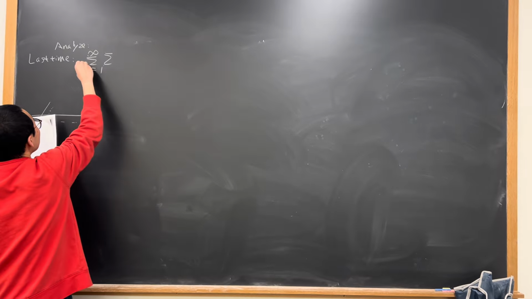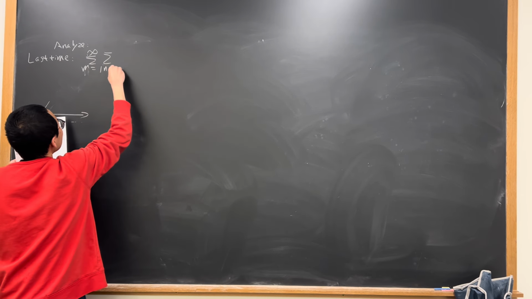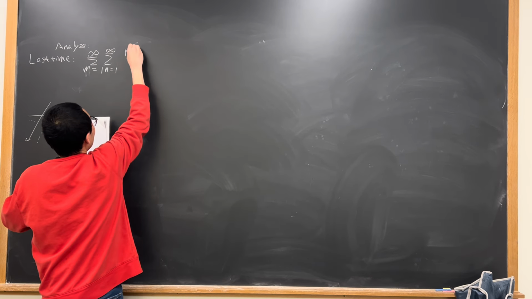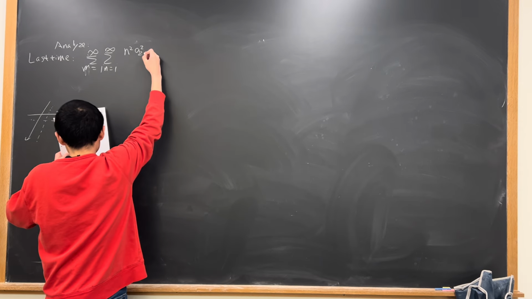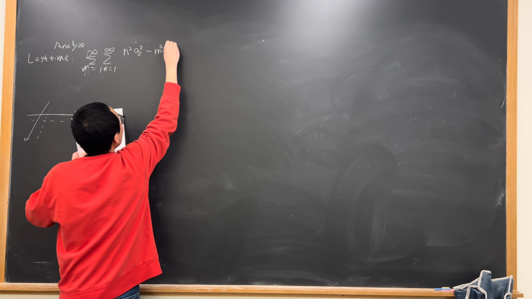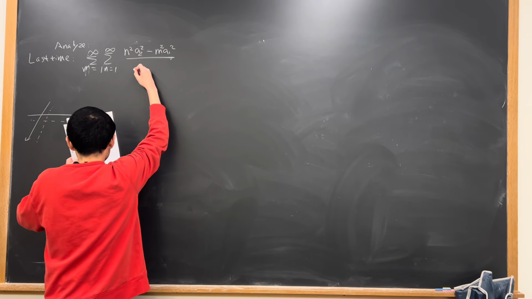Sorry, this is n, and then this is n. n squared a2 squared minus m squared a1 squared over 4n squared a2 squared plus m squared a1 squared.